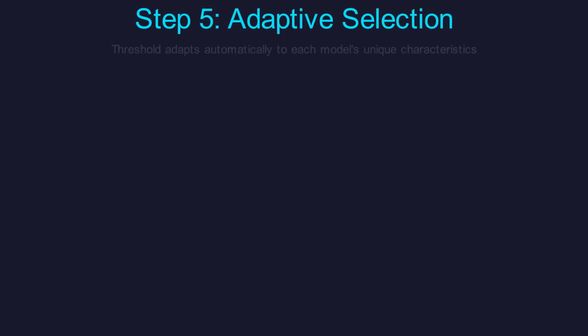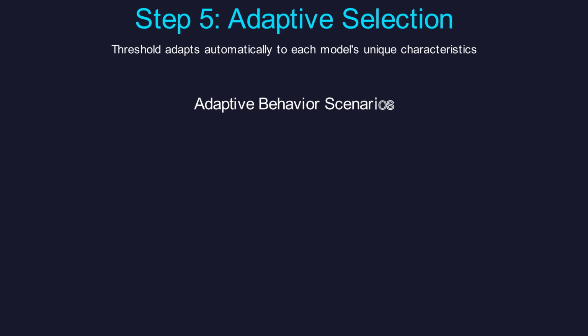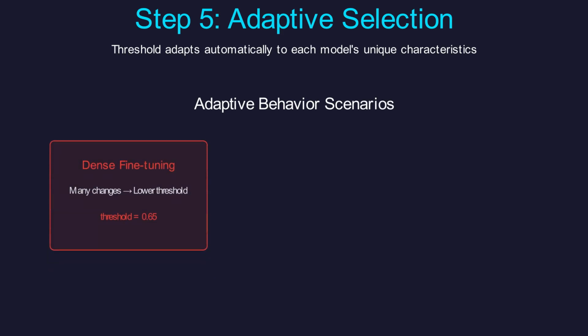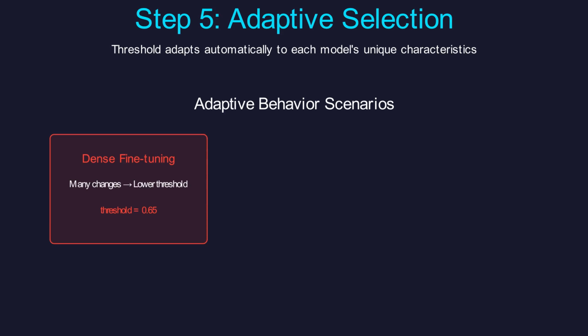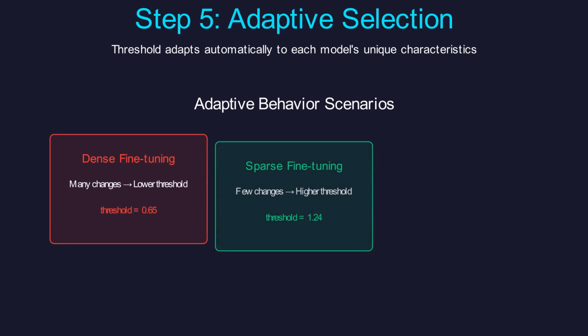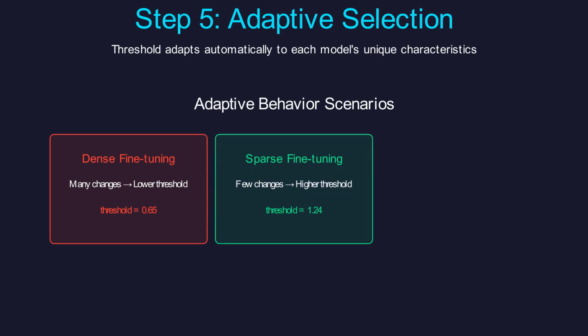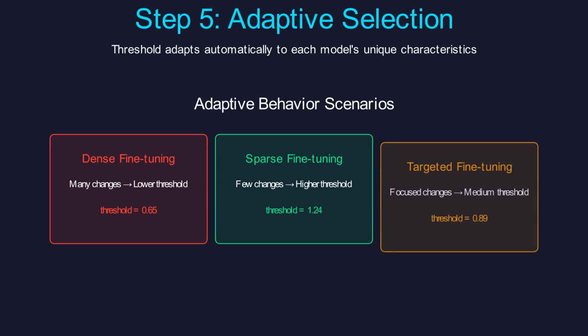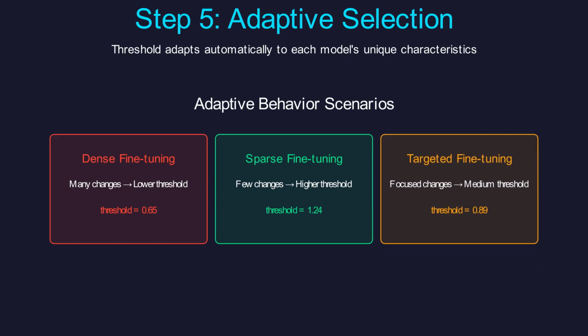And thanks to this dynamic threshold technique, we can adapt to very different fine-tuning jobs. For example, if you do very dense fine-tuning, you'll have a lot of changes, and it's likely that the threshold will be a little lower. If you did just a tiny bit of fine-tuning, you probably just updated a few parameters, the important ones, and the threshold might be higher. And obviously, you could have middle-of-the-road scenarios.